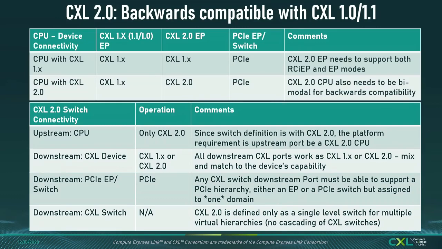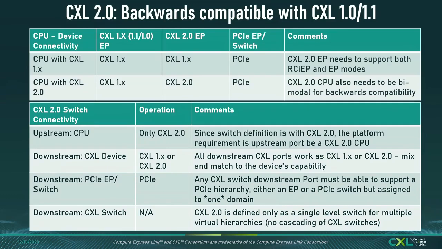Now, if you're a downstream CXL switch port connected to a CXL device, you need to work as either CXL 1.1 or CXL 2.0. It depends on what kind of device is connected. So if you're a CXL 1.0 or 1.1 device and you put it downstream of a switch, it's going to just work. It's full plug and play.